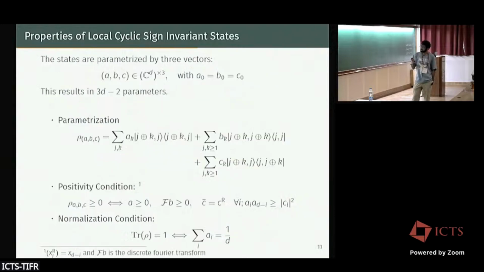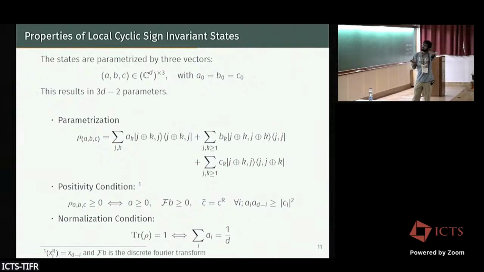These states are now parametrized by 3 vectors, such that the first element of each vector is the same. Because there are 3 vectors, you get 3d minus 2 parameters. So it's a linear scaling of parameters as compared to d to the power 4 scaling in the general case.